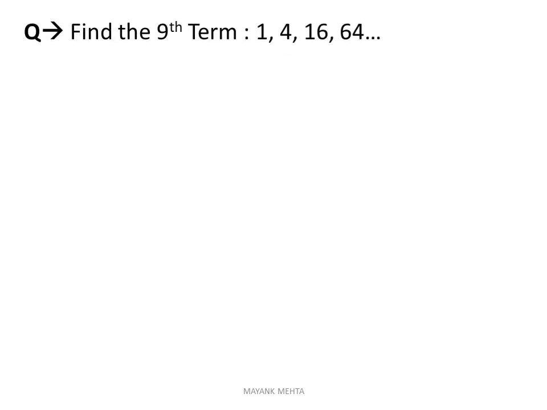Now find the ninth term. On the basis of that formula, if you are asked to find the ninth term of the given GP, how will you do that? First of all, note down A and R. In the given GP, A is 1 and R is 4 divided by 1, that is 4. For the ninth term, we will put the value of n equal to 9.